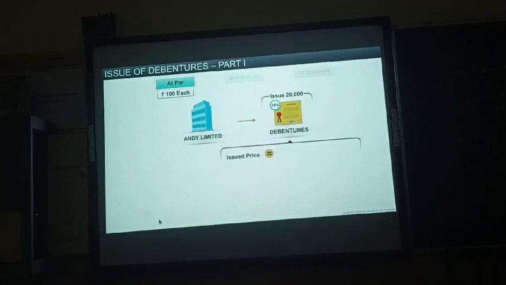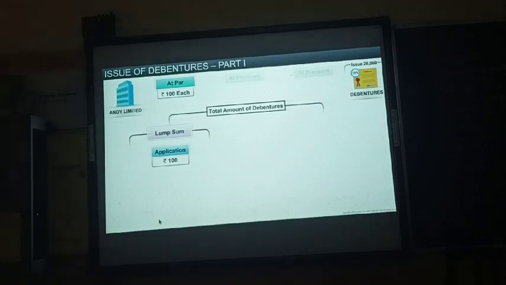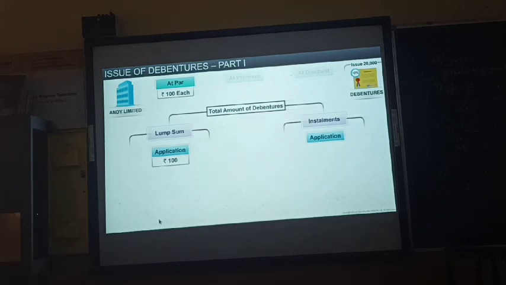Let us first assume that Limited issued 20,000 10% debentures at par value of 100 rupees each. When debentures are issued at a price equal to their nominal value or face value, they are known as debentures issued at par. You should note here that the total amount of debentures may be collected in one lump sum, that is 100 rupees on application, or in installments, which means a part of the amount on application, another part on allotment, and, if required, additional parts in calls.